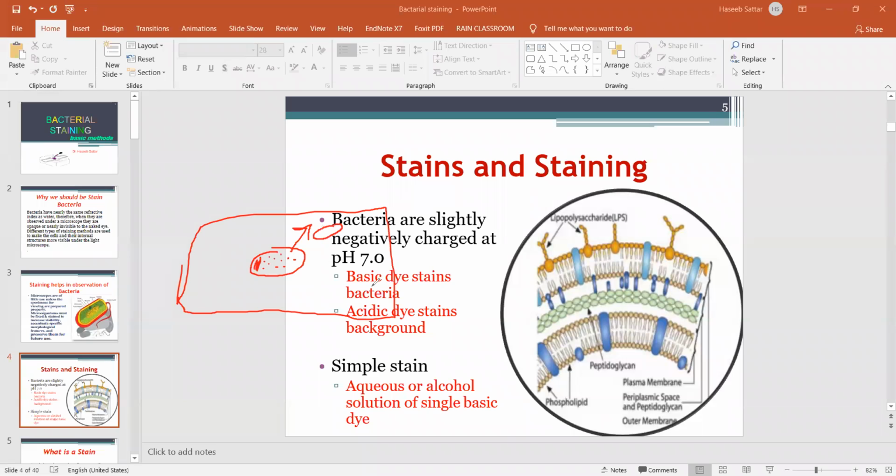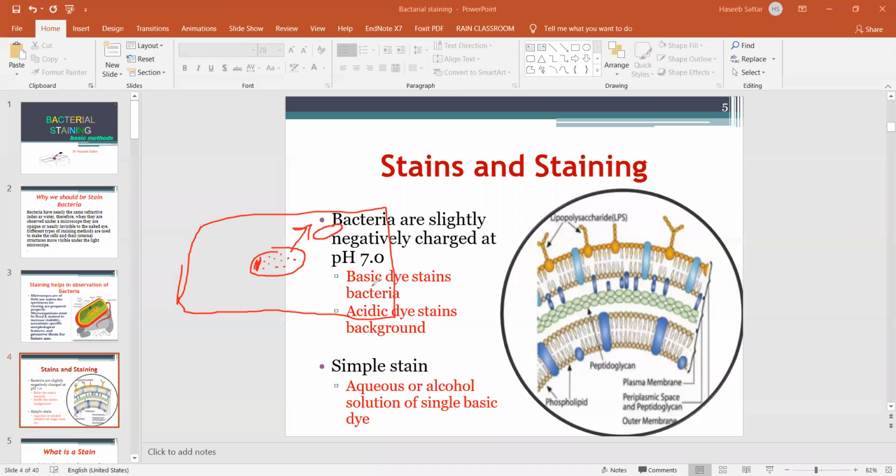That is why the acidic dye, also known as the counter dye, helps to visualize better.